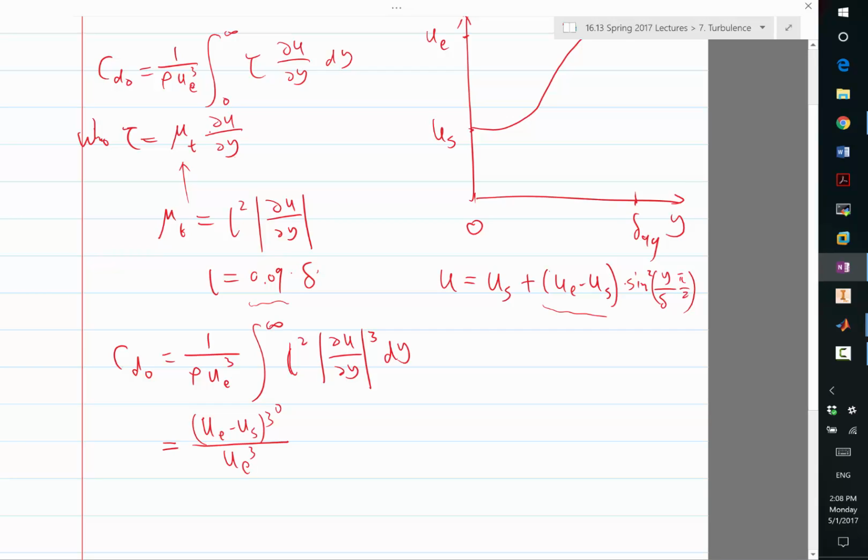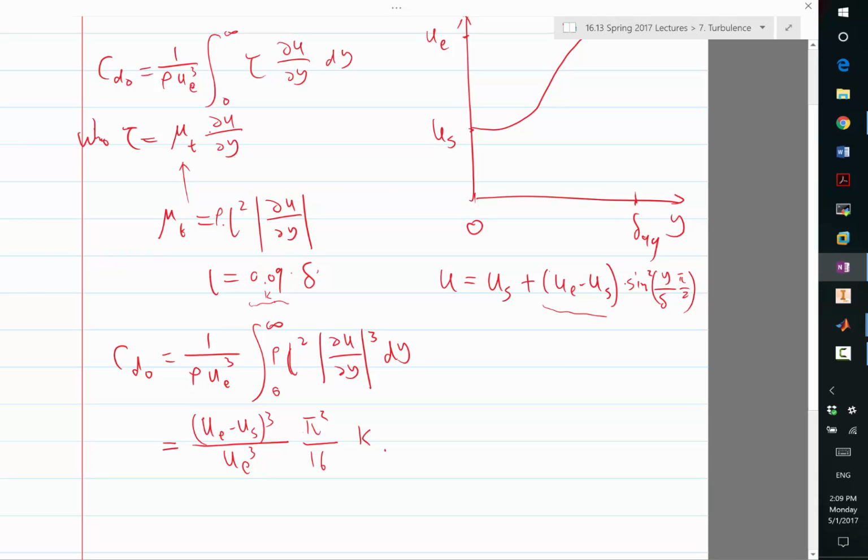Sorry, I think there is also a rho here and a rho here that has to cancel with this rho. So we have the ratio of the third power here, and times a constant. I think the constant turns out to be pi squared over 16.